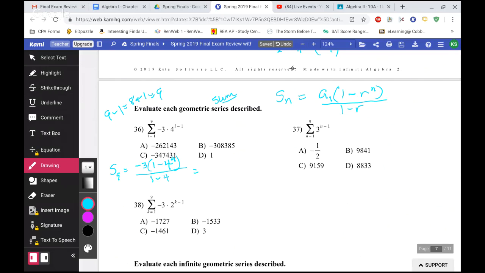If you're going to put this whole thing in, my suggestion is to start with a parenthesis, then do -3, then another open parenthesis, 1 minus, then another open parenthesis, 4 raised to the 9th power, close parenthesis, close parenthesis, close parenthesis, divided by, open parenthesis, 1 minus 4. And you should get this.